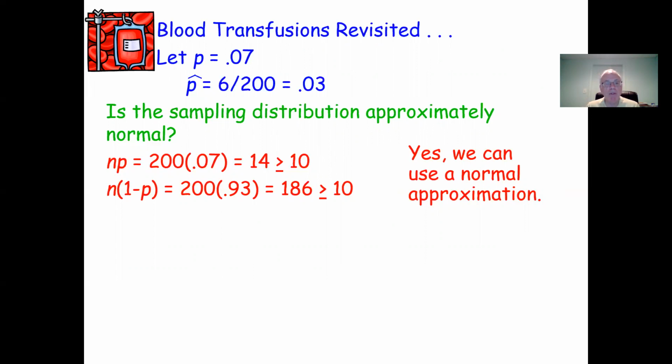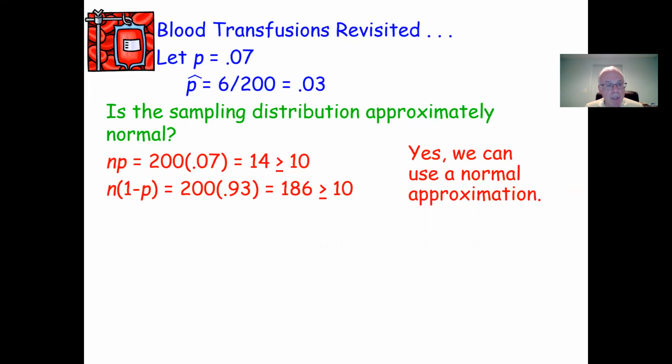That's what we determined. So we multiply n times p. We don't multiply it by p hat, by p. So n times p is 200 times 0.07. 200 is the sample size times the population proportion of 0.07. That's equal to 14. That's greater than or equal to 10, so we're good with that.